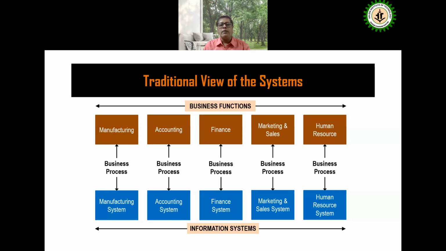Suppose marketing and sales system is developed by XYZ enterprise and manufacturing system is developed by ABC enterprise. So there need collaboration of ABC and XYZ to make this intermediate software, isn't it?